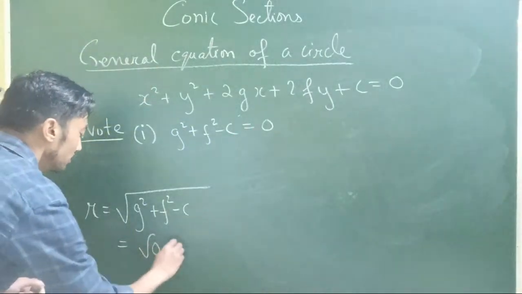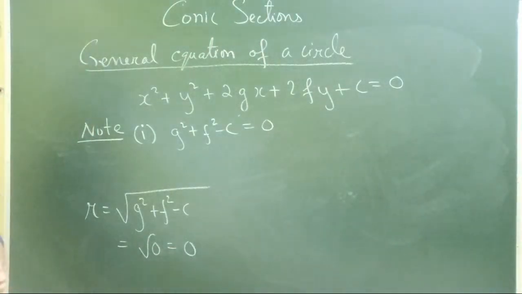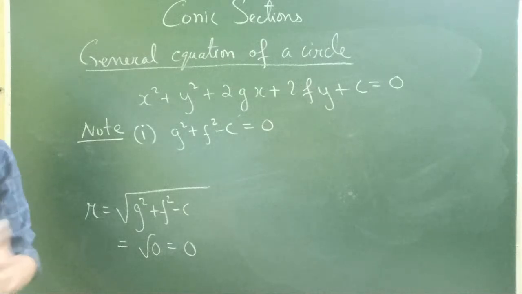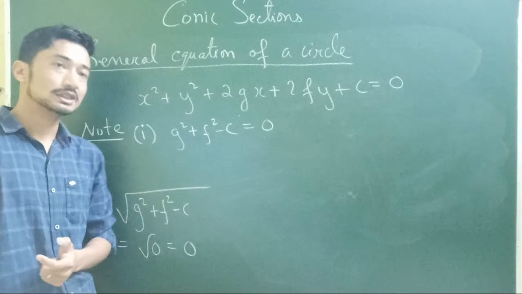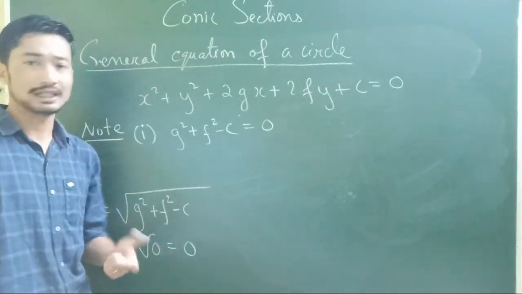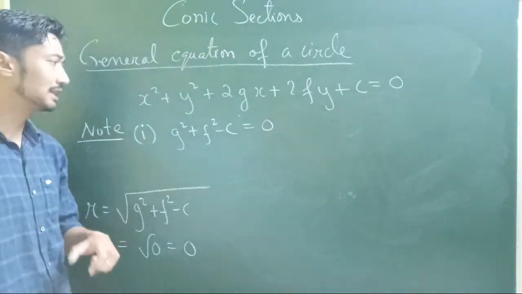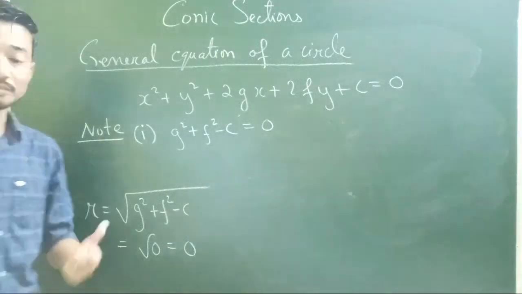The radius will be root over 0, which means the radius becomes 0. So in that case what will happen? Most of us will say that there is no circle because the radius is 0. No, let's not talk like that. Let's talk more mathematically, technically, because if the radius is 0, then it will represent a circle.